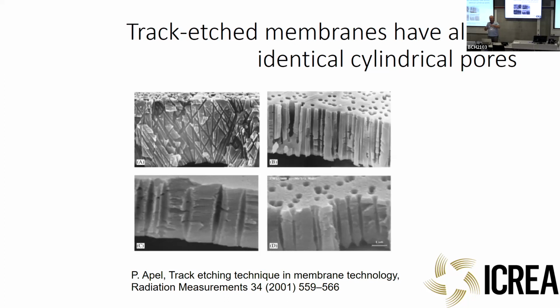This irradiation can be done with a collimated source where you have only parallel tracks, or sometimes they deliberately irradiate with varying angle in an attempt to increase the porosity, because in this case, the pores do not overlap over the whole length. If they are parallel, then there is a probability that they will overlap.